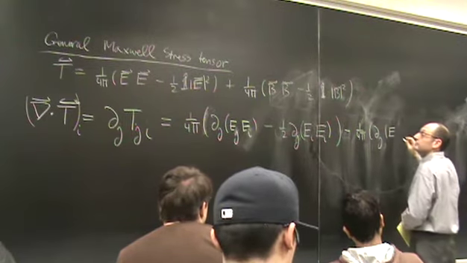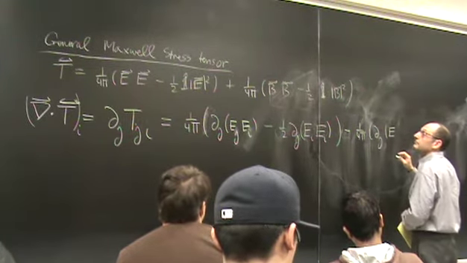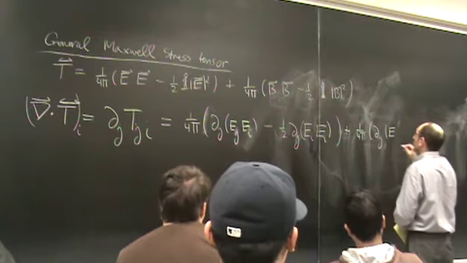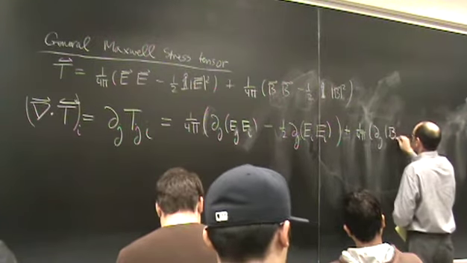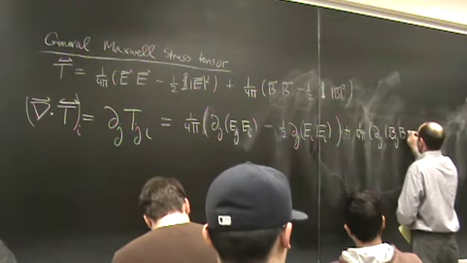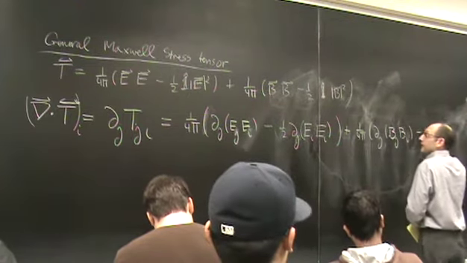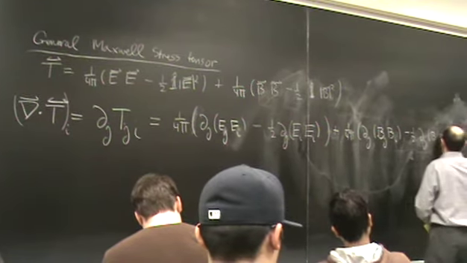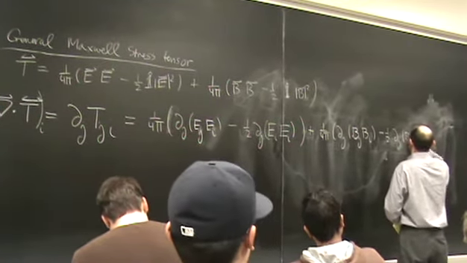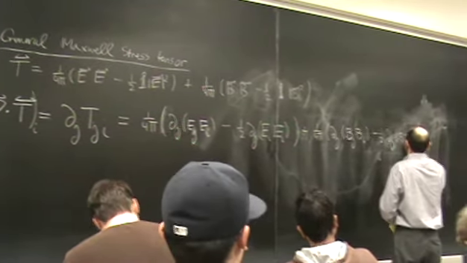Wait, where's the minus one? Plus. Thank you. B_j B_i, minus half B squared.